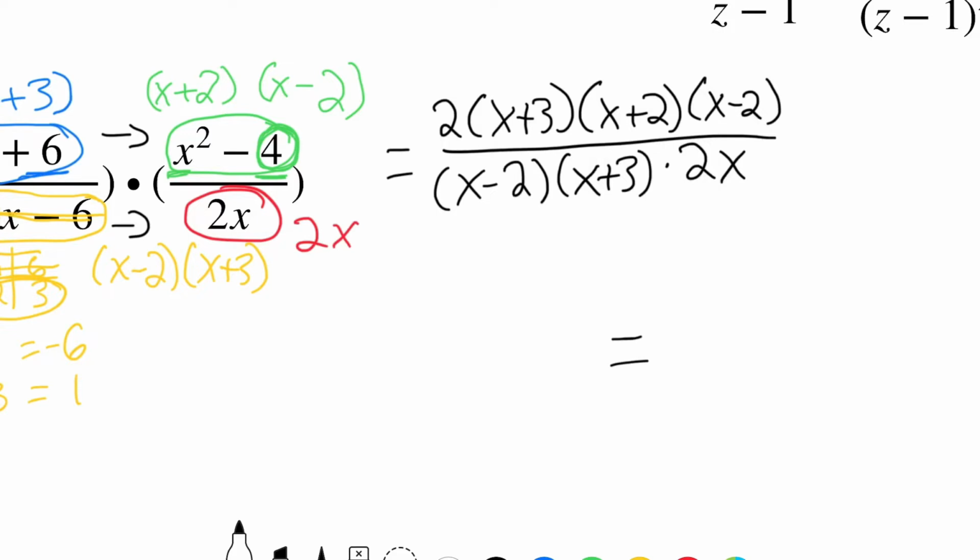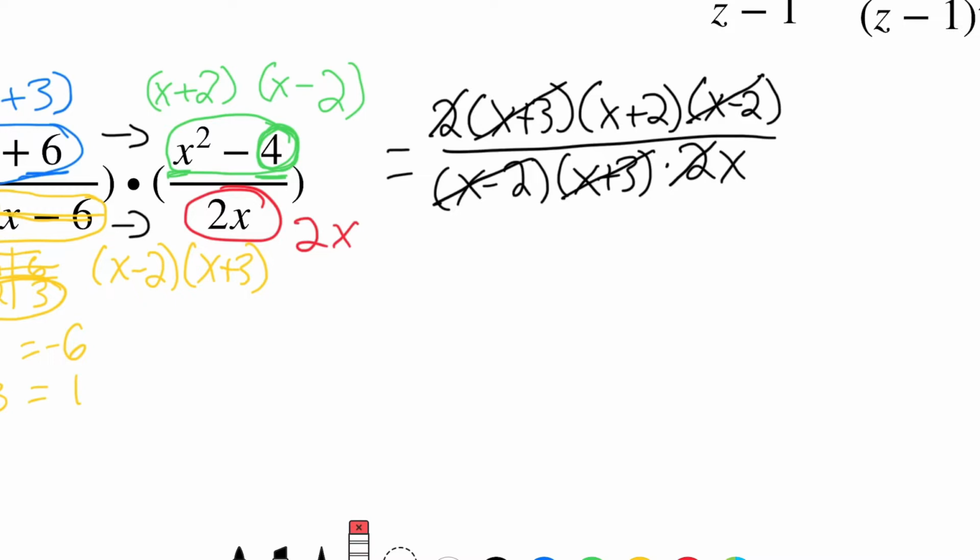So we want to cancel anything that we can out that is both in the numerator and denominator. There is that x plus 3, so we want to cancel those out. We also have x minus 2 in both the numerator and denominator. We also have a 2 in both the numerator and denominator.